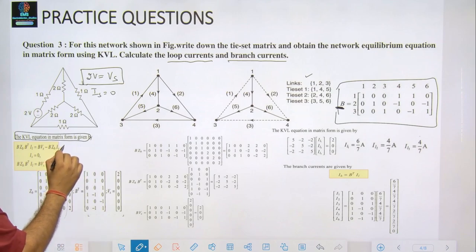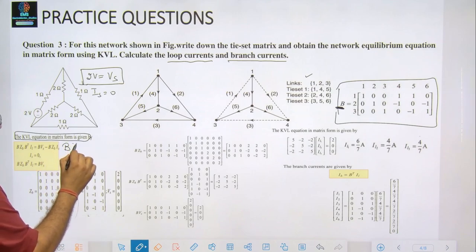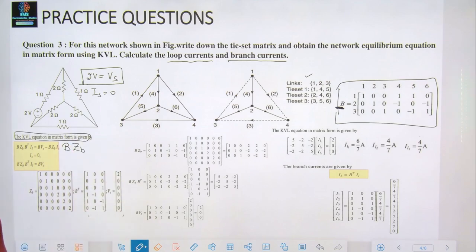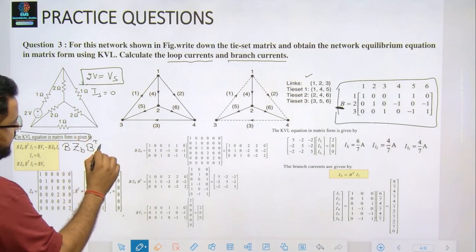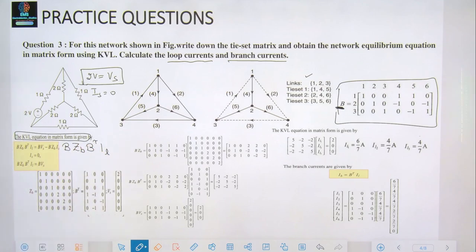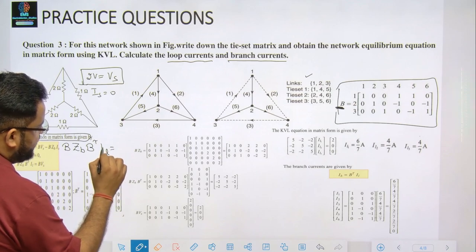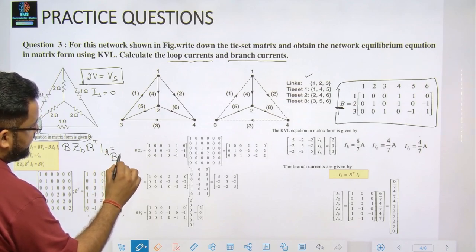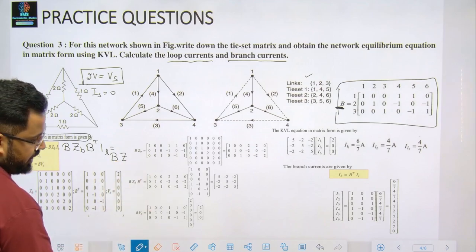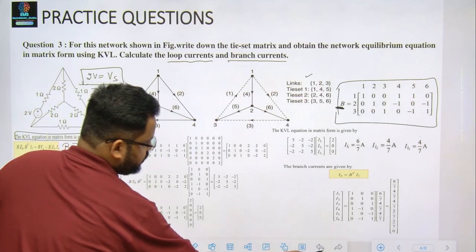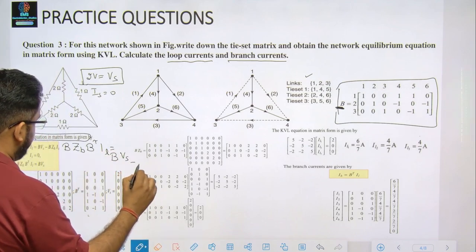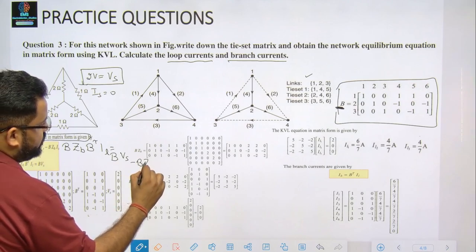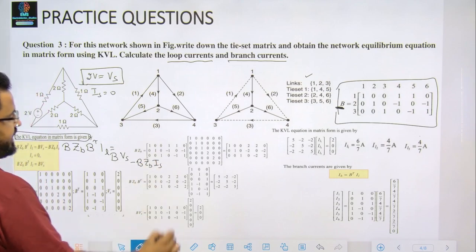My KVL says my B matrix into my impedance matrix ZB, multiplied by B transpose into my loop current matrix, is equal to B matrix into my source voltage Vs, minus B into ZB into Is.